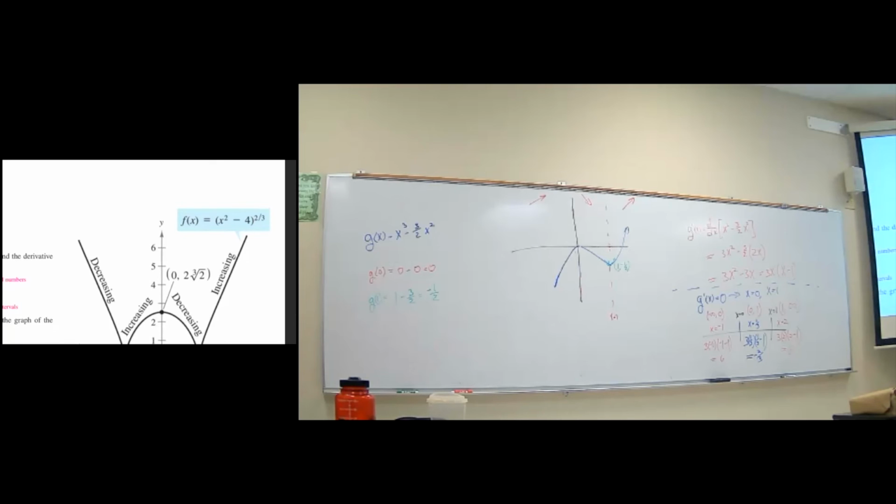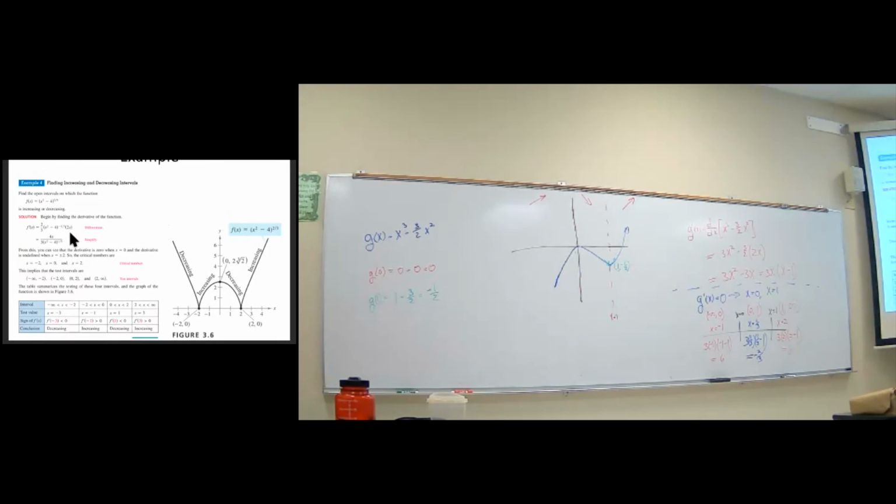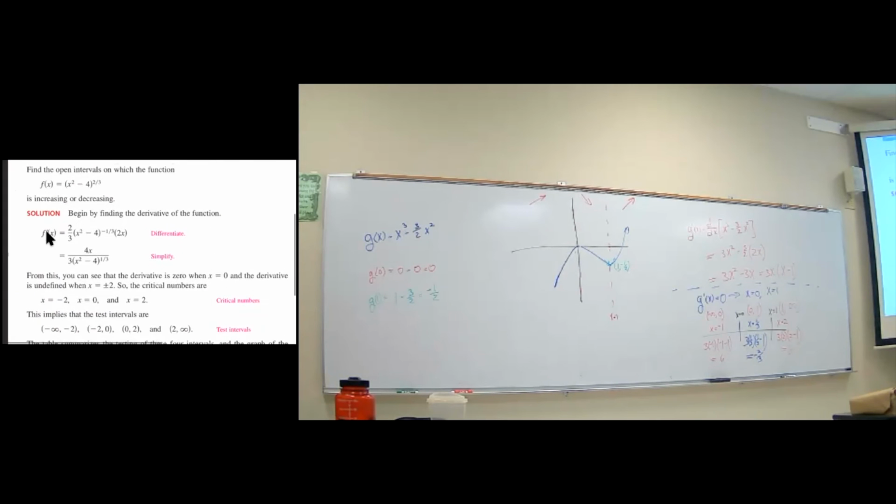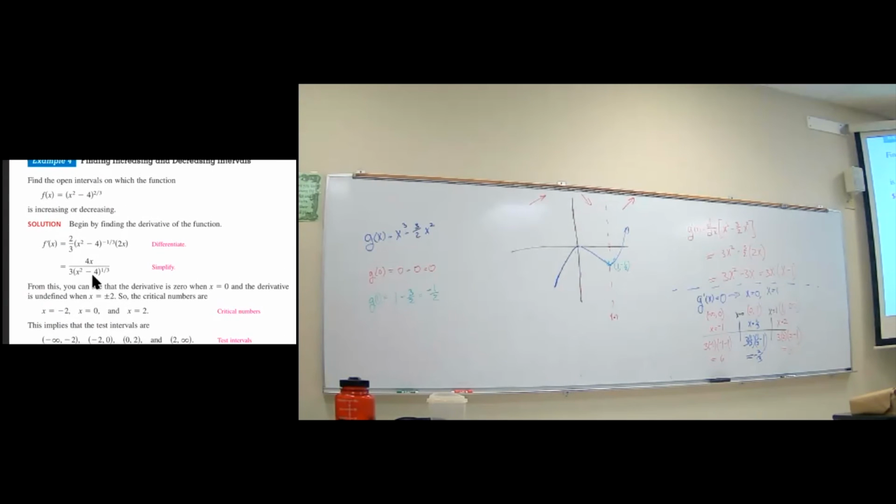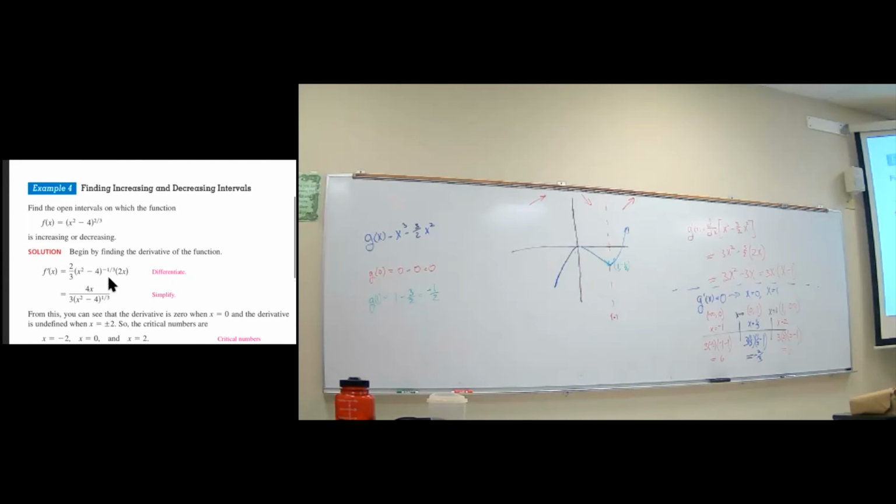Because if you put in -2 or 2, this whole thing is going to become 0. Well, by chain rule, we should expect this thing to last, right? Since this is going to be u. Lo and behold, it does in fact last after we take the derivative.